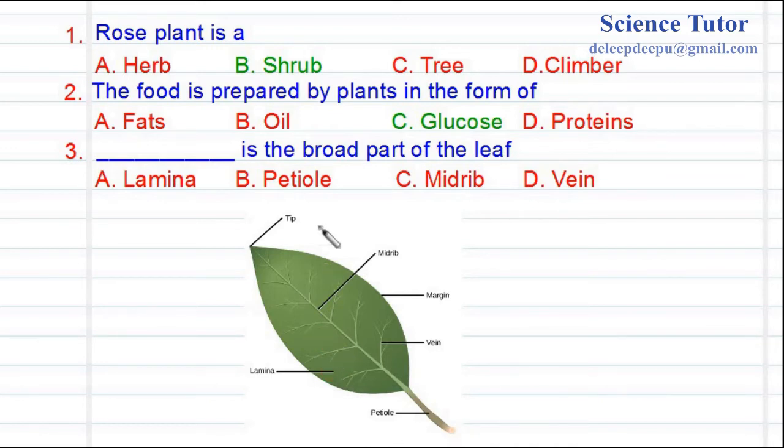That's the answer. But we can look through the other parts also. What is petiole? Petiole is a small stalk by which a leaf is attached to the stem. Midrib is part of the stalk continuing into the leaf. Veins are a network of small branches starting from the midrib. Here, lamina is the answer.